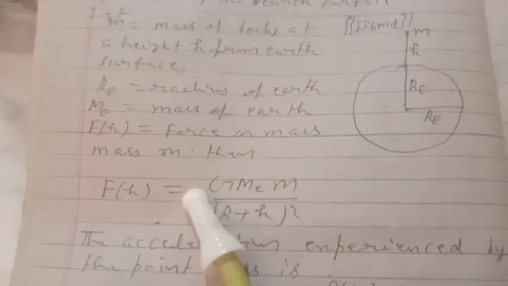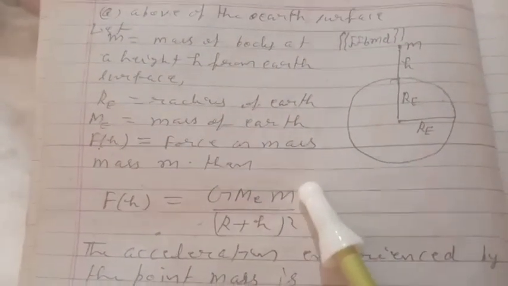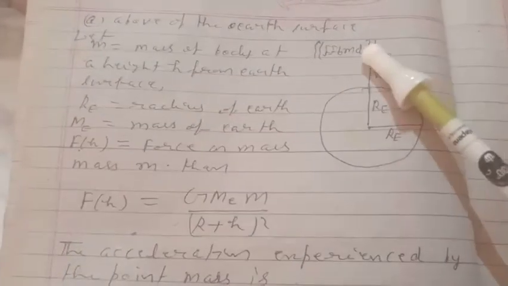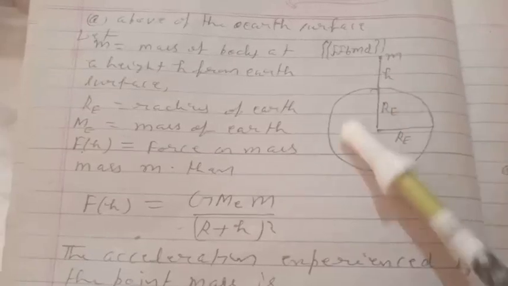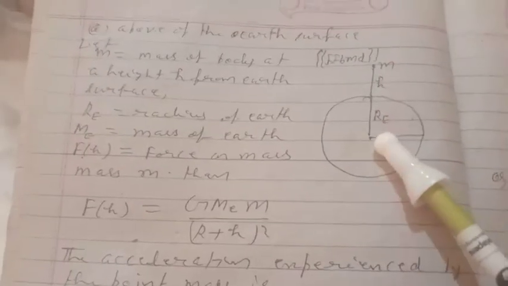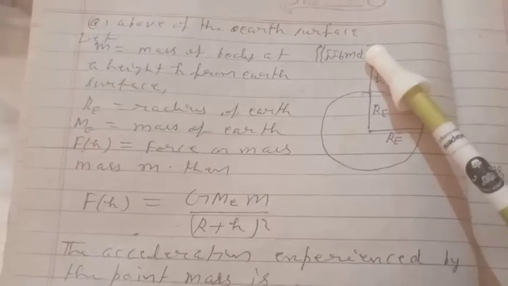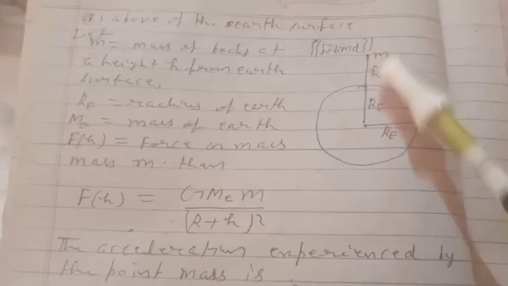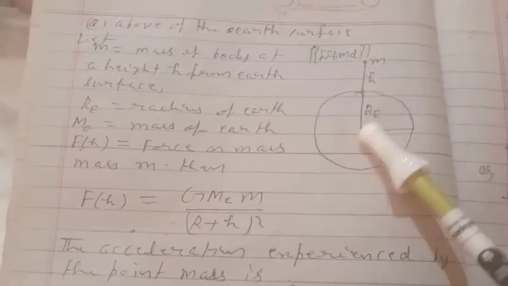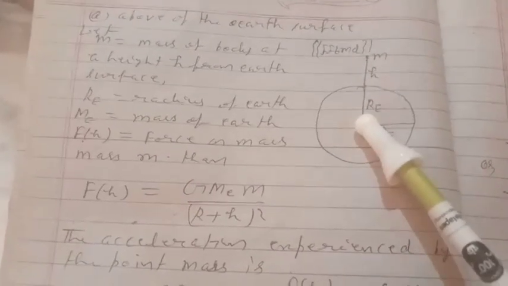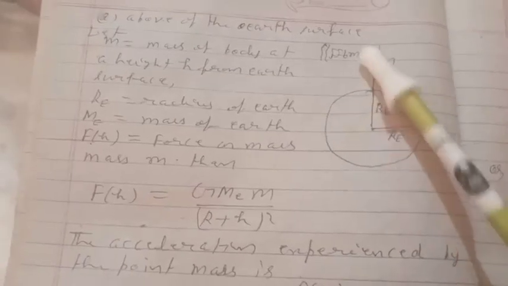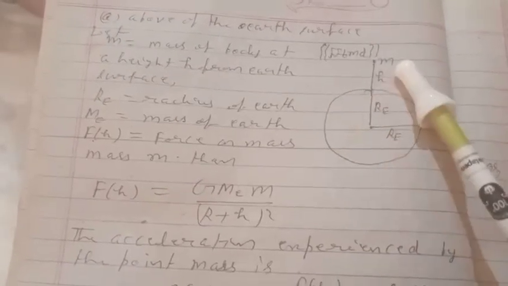Then Fh equals G Me m by (Re plus h) whole square. Here this is m, a point mass, and now this earth can be considered as a point mass, because point m is outside the sphere, so the sphere's mass can be concentrated at the center, and so the distance between these two point masses will be equal to Re plus h.